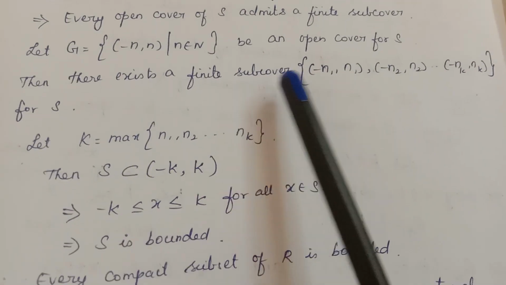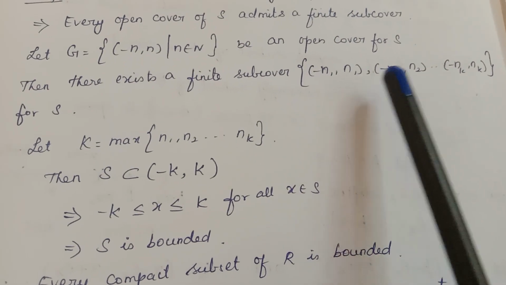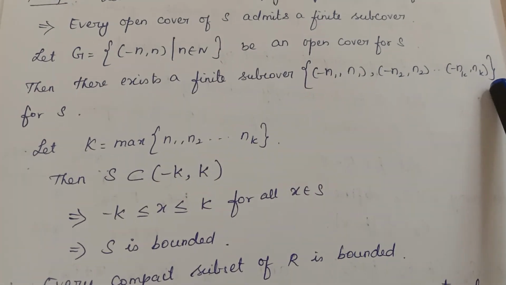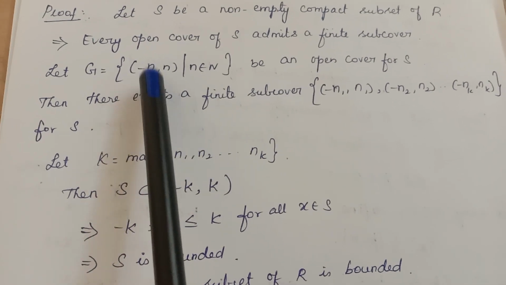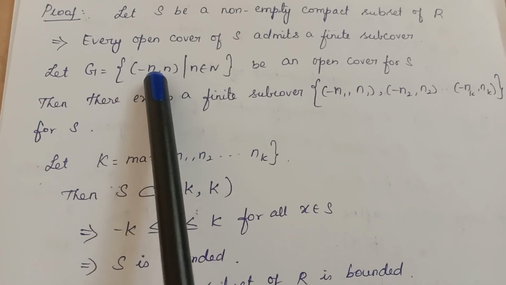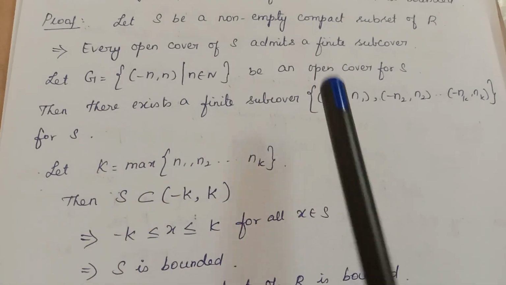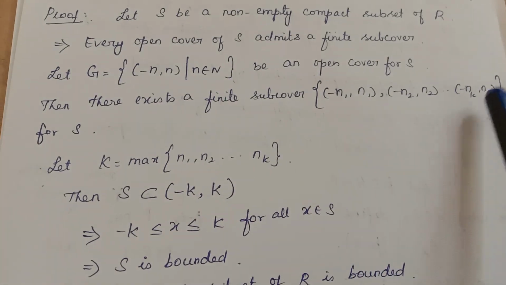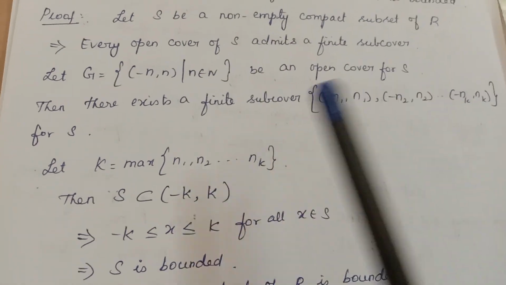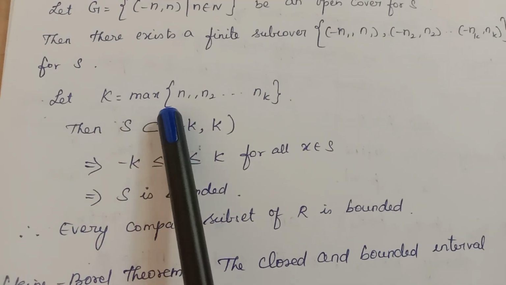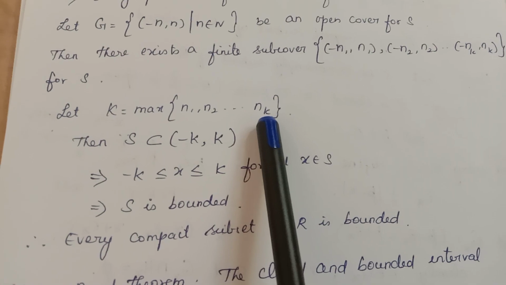So I am going to take the finite subcover as (-n1, n1), (-n2, n2), etc., (-nk, nk). Because the open cover consists of open intervals only, a subcover from this will also be in the same format. So this is a subcover. These n1, n2 are natural numbers. So you choose k equal to the maximum of n1, n2, n3, up to nk.